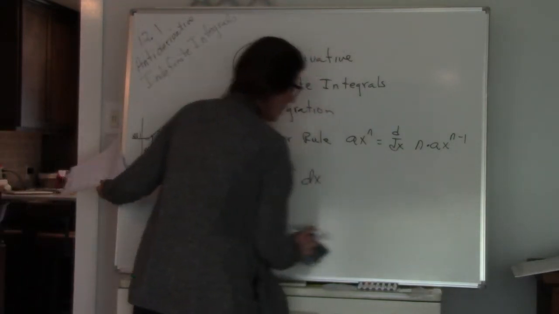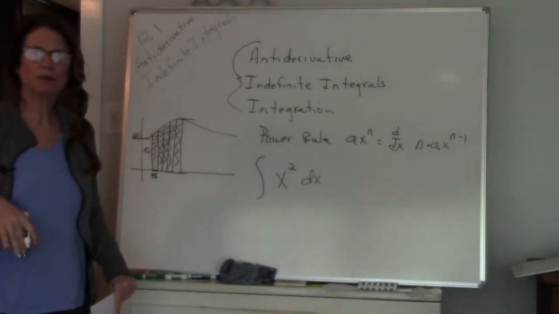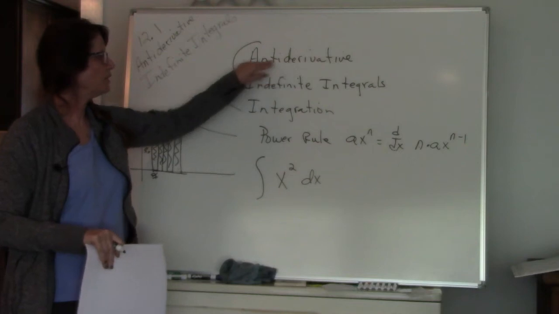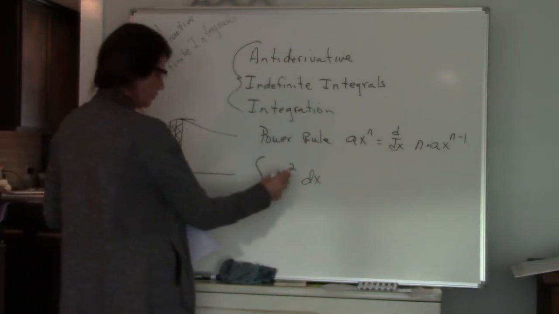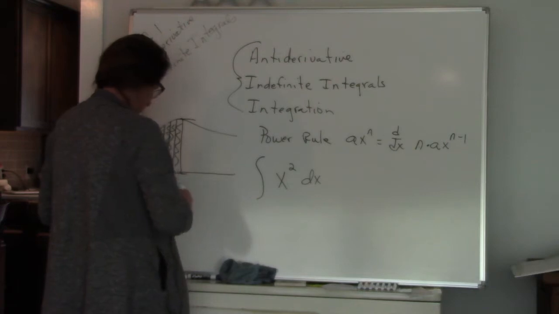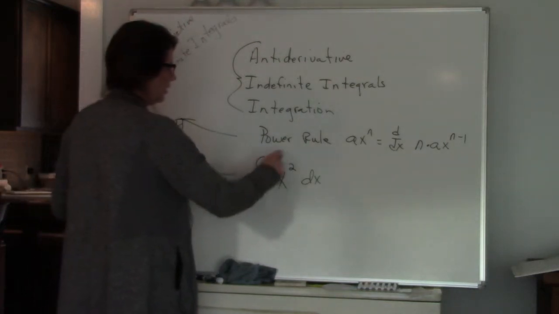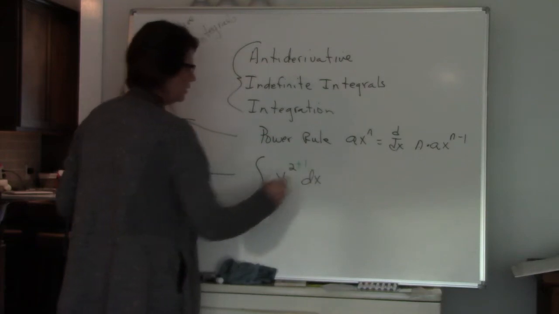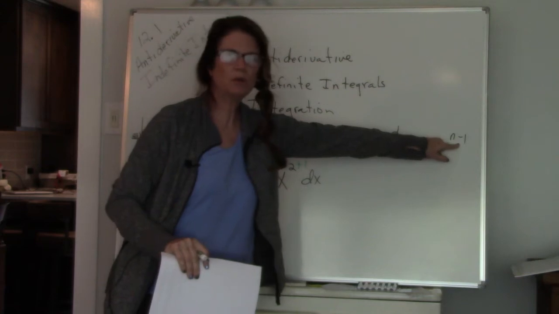So how do we do that? Well, we're going to use the power rule backwards, because instead of derivative, we're finding the antiderivative. So the power rule backwards. So what you're going to do, I'm going to do this in a different color. You are going to add 1 to your exponent. Okay, we subtracted 1 over here.